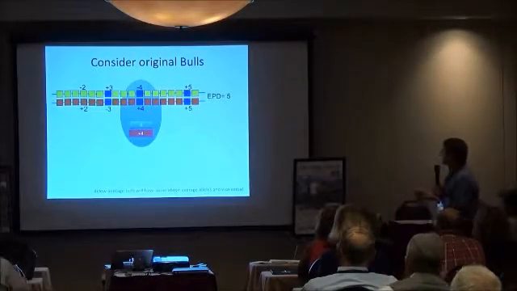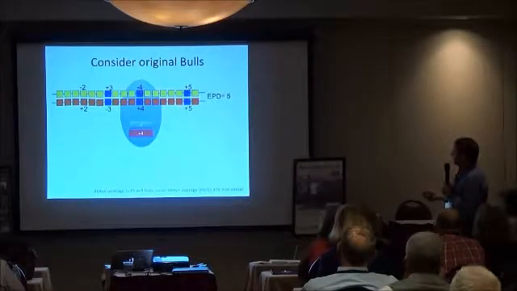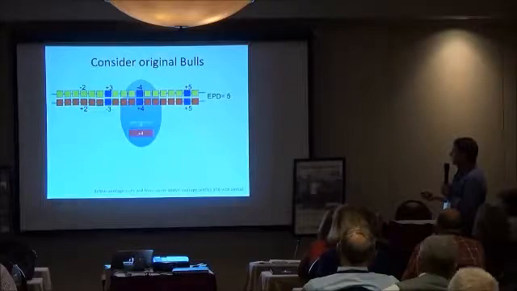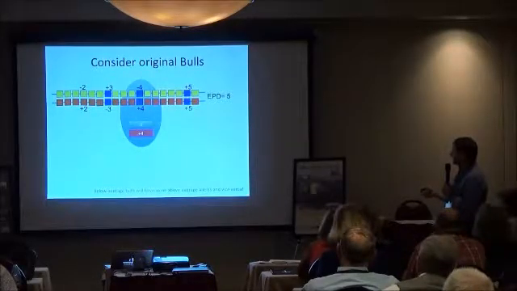So if we come back to that original bull, I said he's got a gene here that maybe has a variant that reduces or increases the weight trait. I don't know that. I don't know the mutations there because I've only got one over here from the SNP chip.